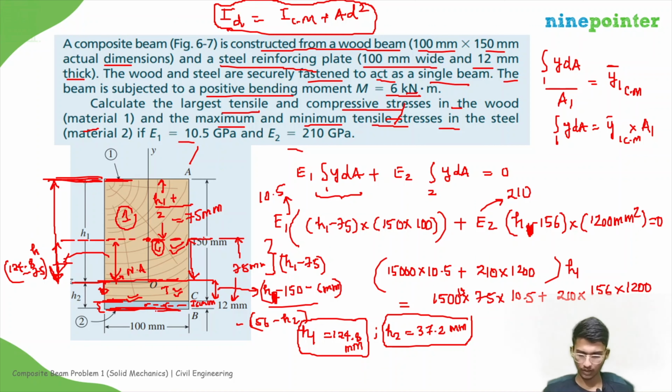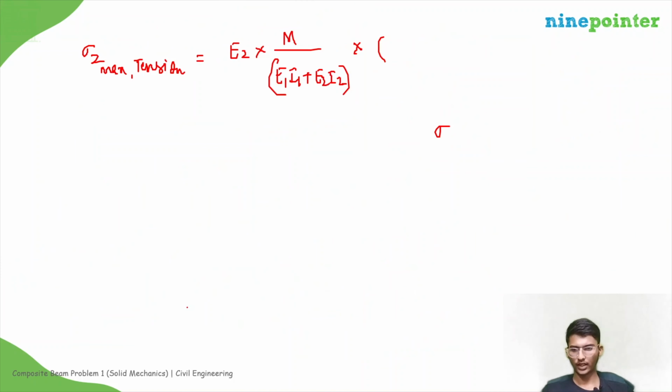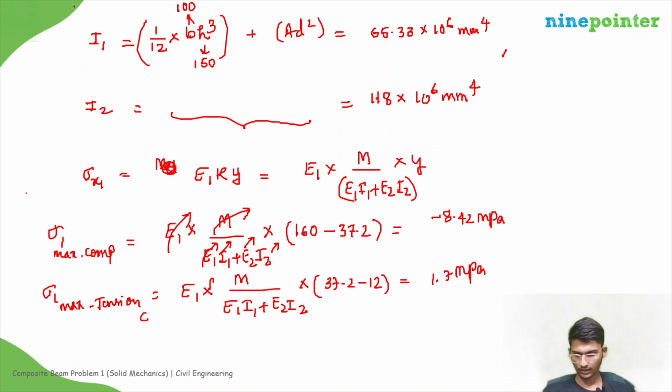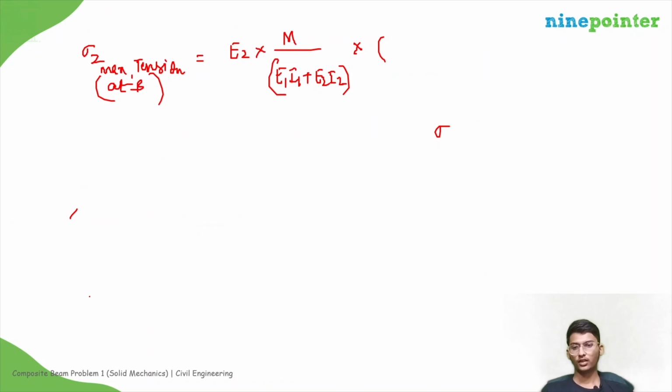So the maximum tension will occur at the bottom plane, that is at B. And this one is at C, and this is at A. Okay. So this value Y is equal to H2, which is 37.2 millimeter.